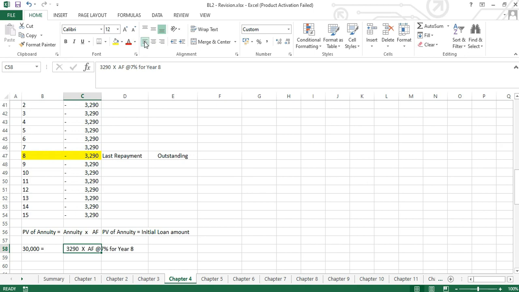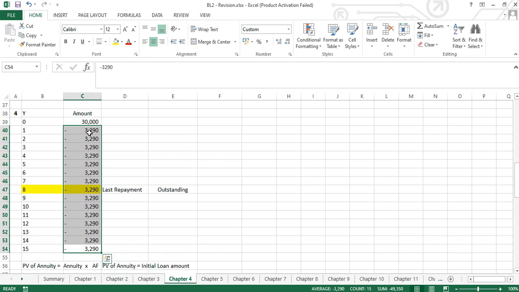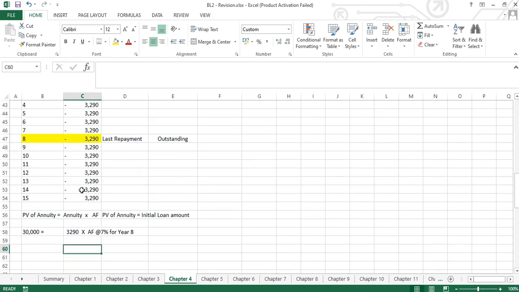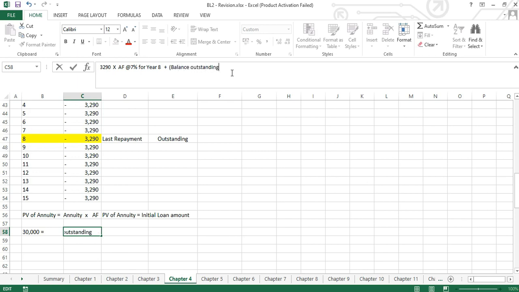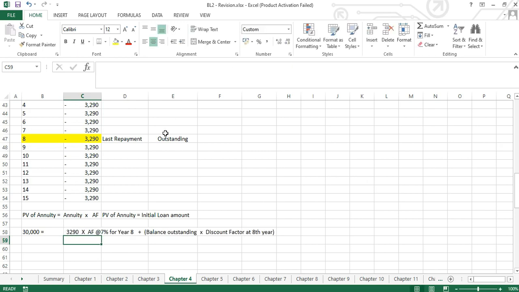But you know that 30,000 is for the 15 year annuity, not only up to the 8th year. Then you must also add the balance outstanding, multiplied by the discount factor at the 8th year, because the outstanding balance is at the 8th year.